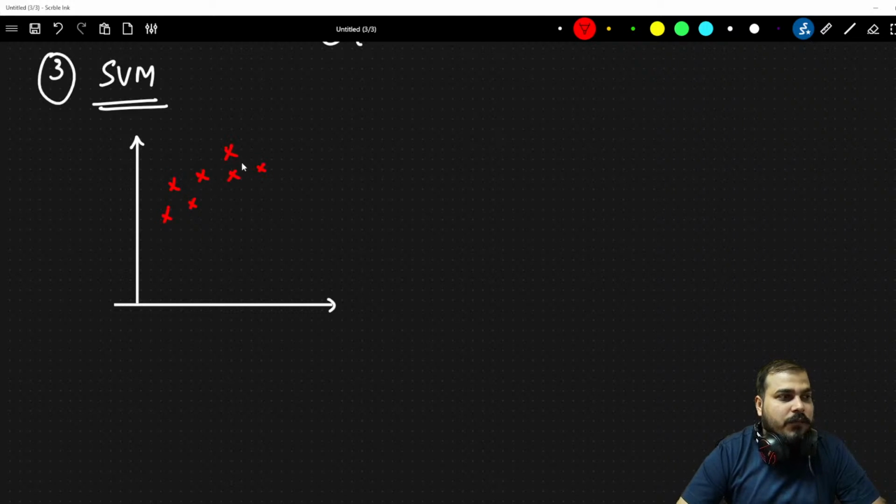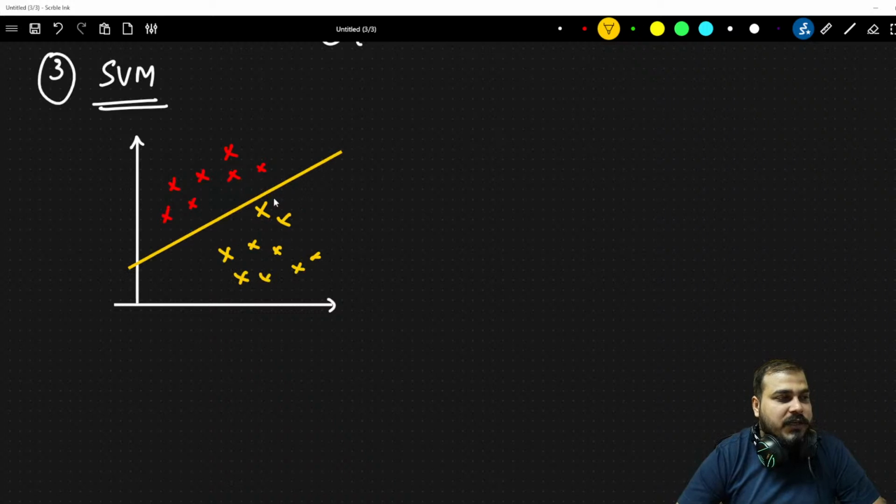We obviously use logistic regression to split these data points, like this. We try to create a best fit line which looks like this, and based on this best fit line, we try to divide the points.